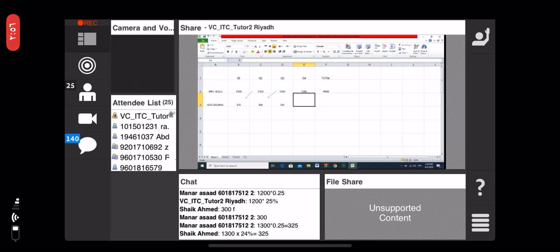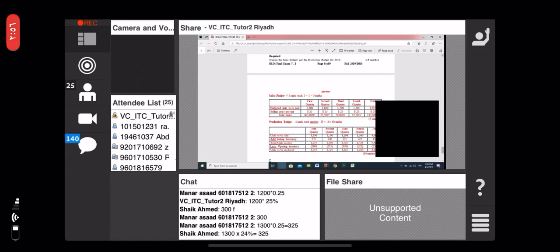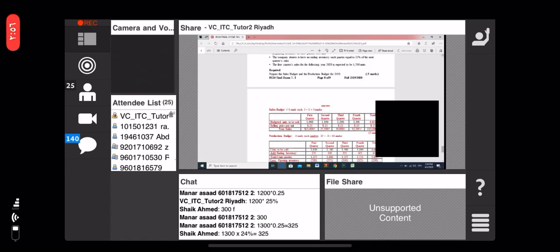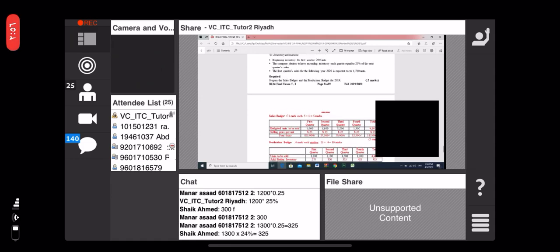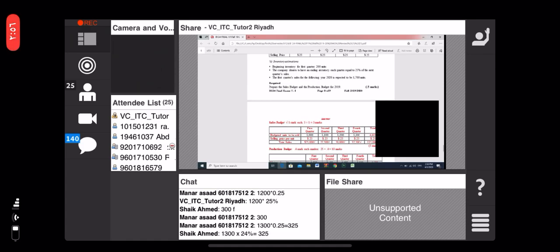So we return back to our question, and he said the first quarter for the following year 2020 is expected to be 1,100 units. It means units to be sold.